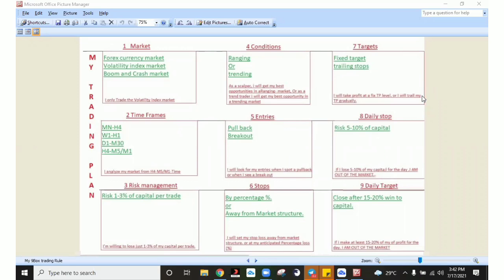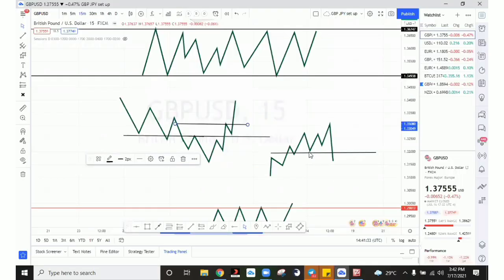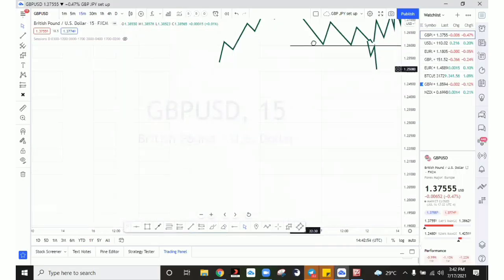Now, when we talk about fixed target, this is you asking yourself, okay, let's go to the chart. It's going to be easier that way to explain.